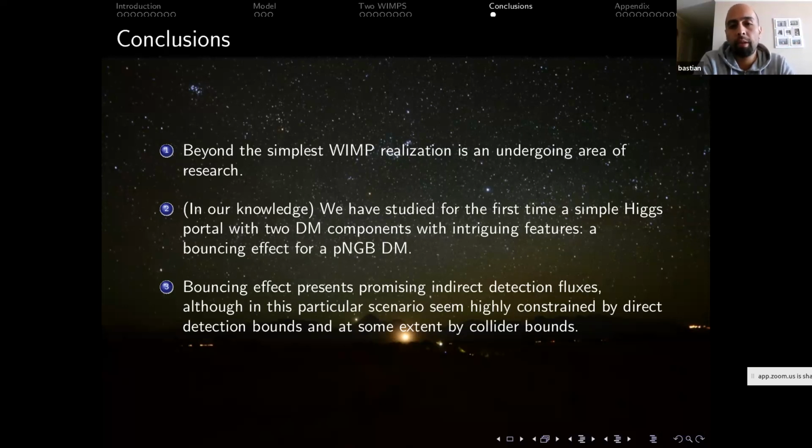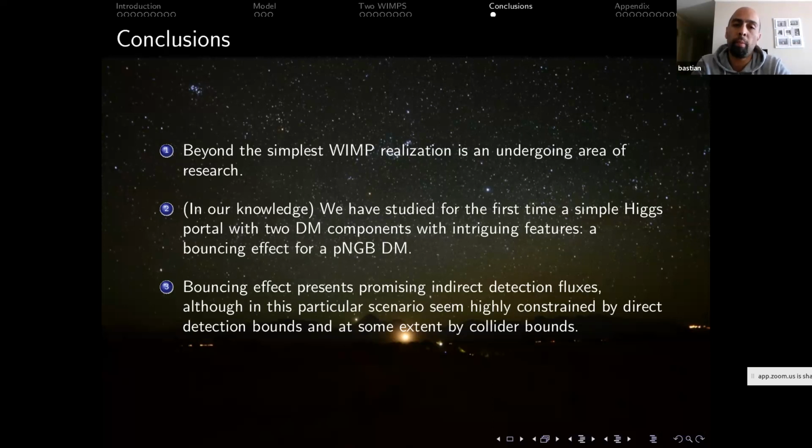We have studied, to our knowledge for the first time, this type of model with two dark matter candidates, a fermion and a pseudo-Nambu-Goldstone boson, presenting actually this feature of one of them, the pseudo-scalar, undergoing in the early universe this bouncing effect in some parameter space region of the model.